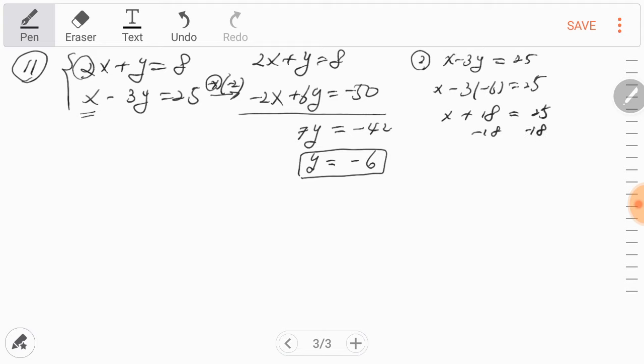Then x is equal to 7. So x is 7, y is -6. So the answer is, write the answer in ordered pair. Then x is 7, y is -6. That's the answer, right?